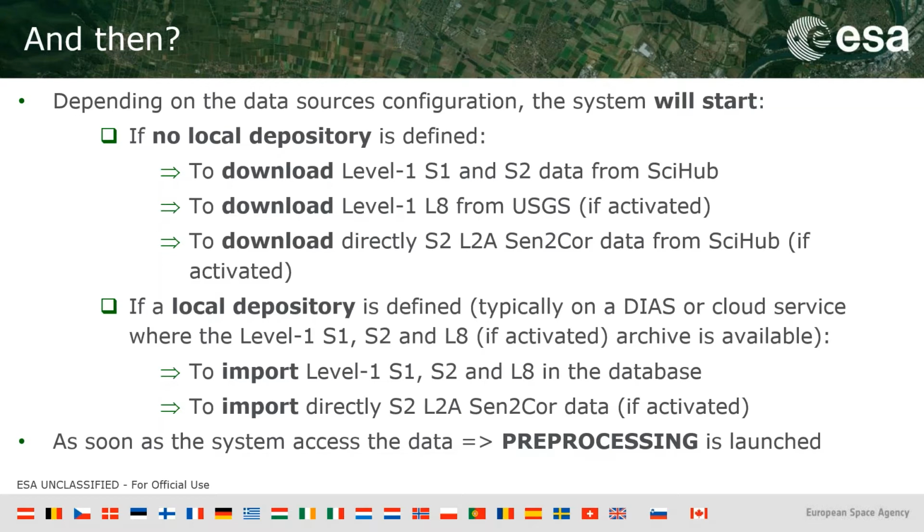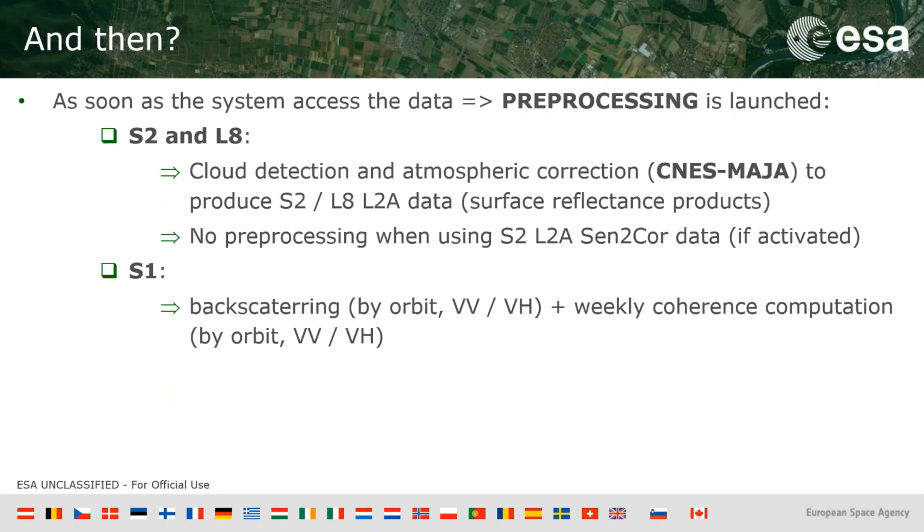And if there is a local repository, for example if you work on a cloud service, you have to import all the data, and the system makes the link between the database and the storage of the images, both for the Sentinel-1 and Sentinel-2 images. When all the images are available in the system, it will start to process.